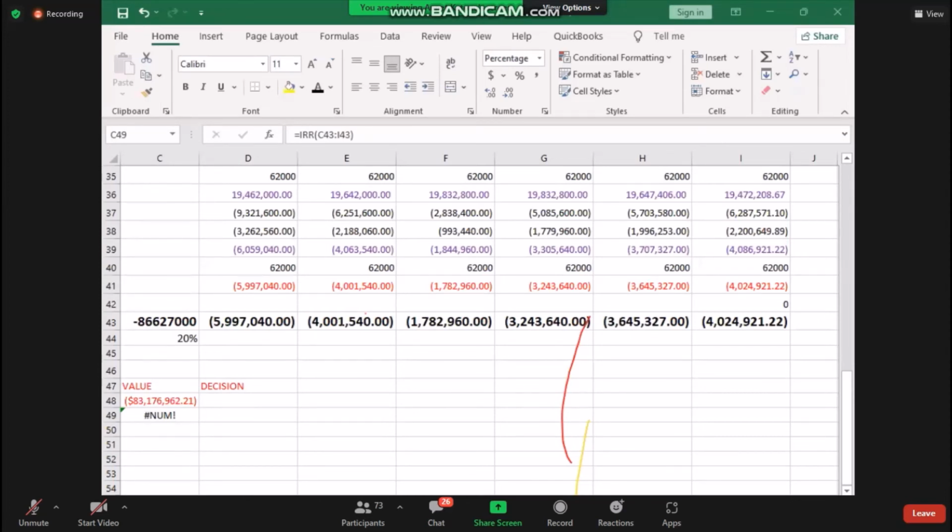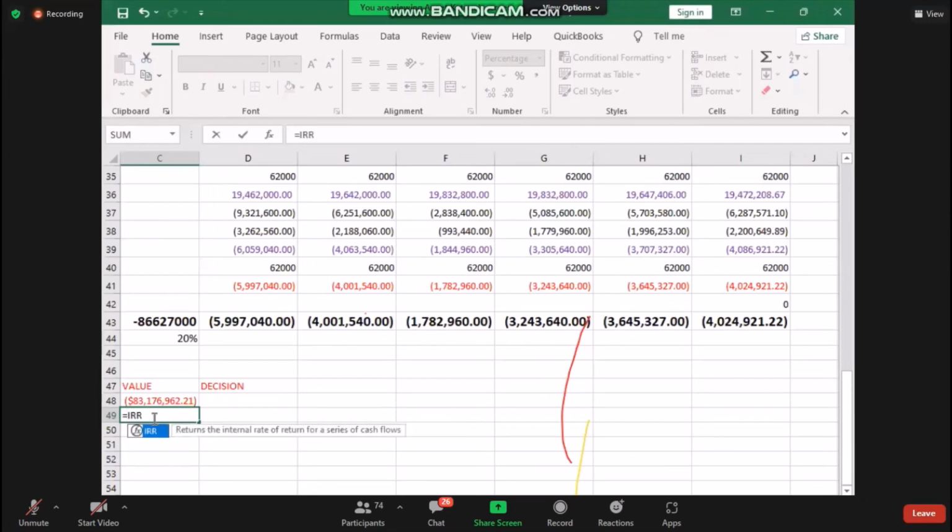I don't see any mistake in my formula. Just repeat it one more time. Equal sign, IRR, open brackets, the values are here. Close my bracket, enter.